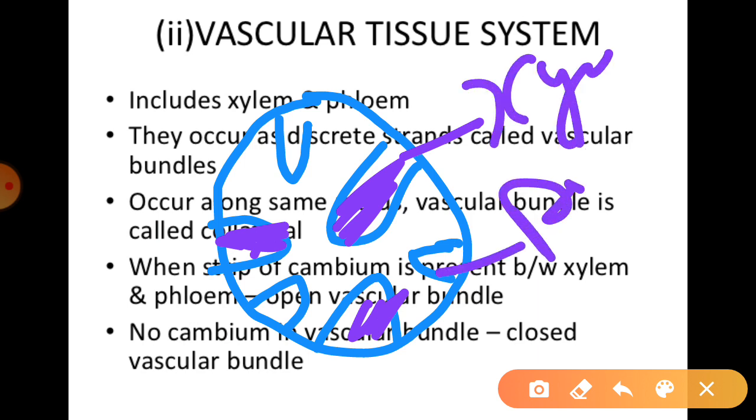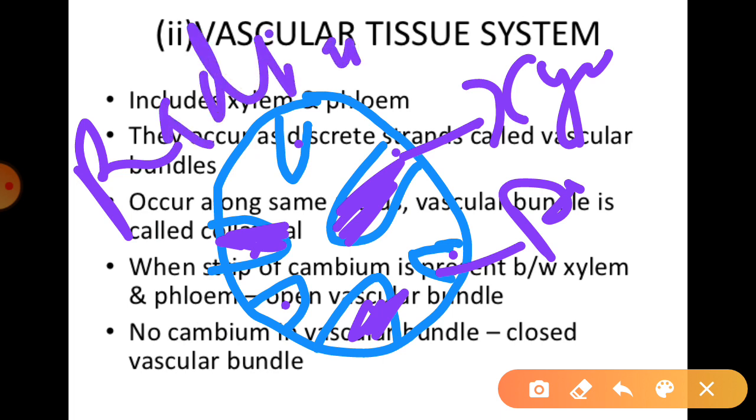If the arrangement is like this, the xylem and phloem alternate with each other, separated by parenchymatous cells, and this type of vascular bundle is known as radial. Means the arrangement is xylem, phloem, xylem, phloem, xylem, phloem, found in the parenchymatous cells. In that condition it is known as the radial type of vascular bundle.